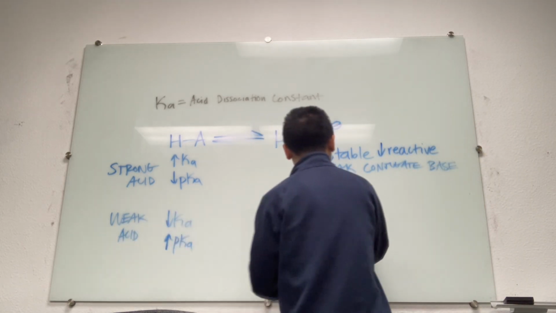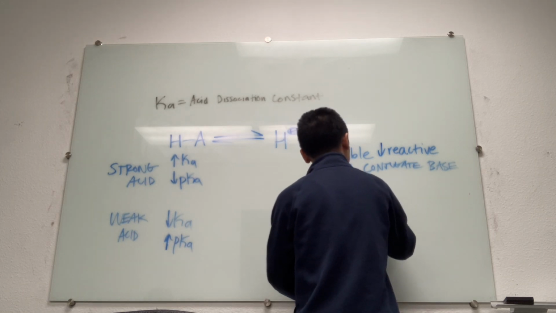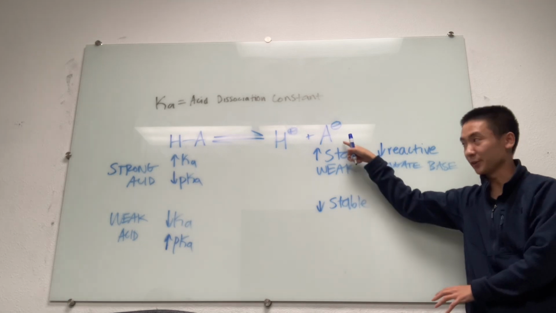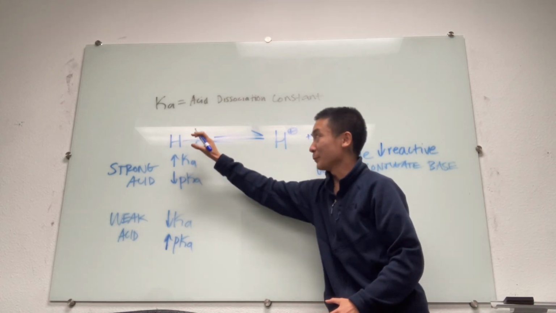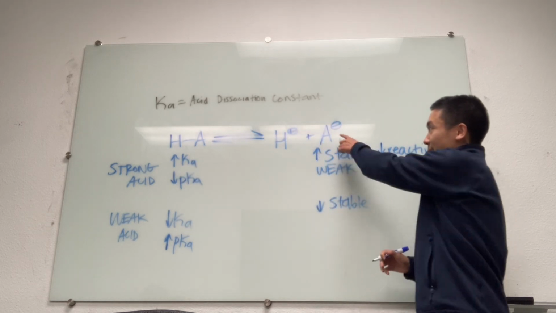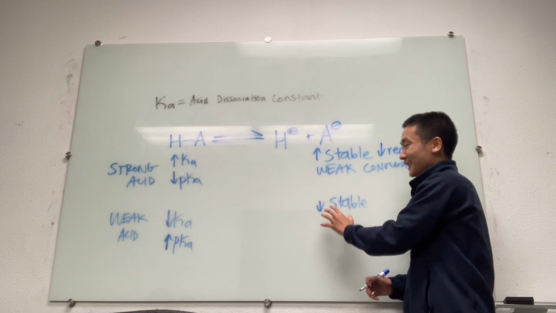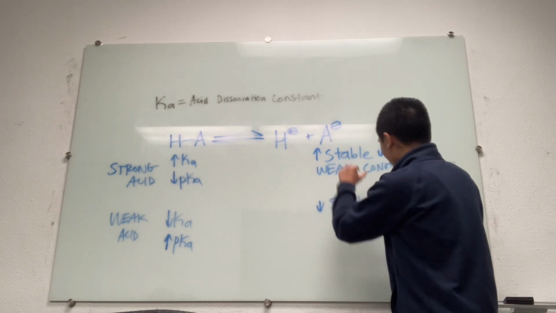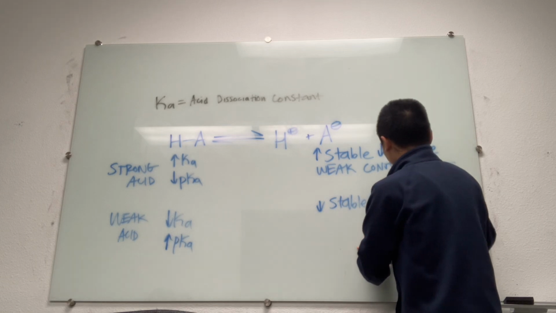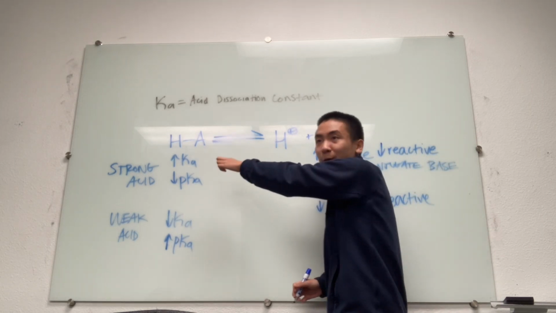If we have a weak acid, it's going to create a less stable conjugate base, meaning that this conjugate base is angry. It doesn't like to have this negative charge, right? When we have a weak acid and that weak acid tries to release a hydrogen, this conjugate base here is angry. It doesn't want to have that negative charge. So that's why we call it less stable. And if it's less stable, it's going to be more reactive. It wants to react with something to go back to its original form, its more stable form.